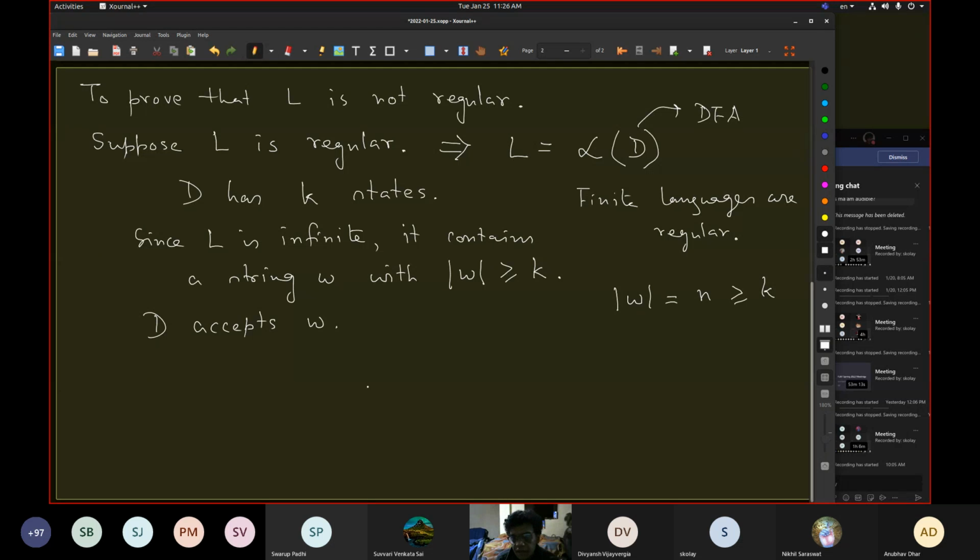And note that this is a DFA, not an NFA. So at every point, there is a unique transition.